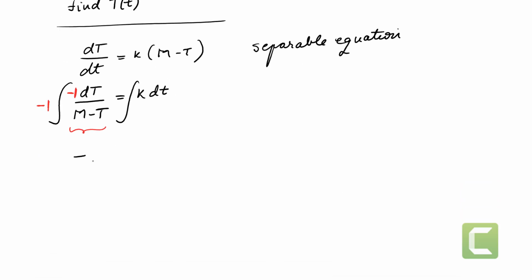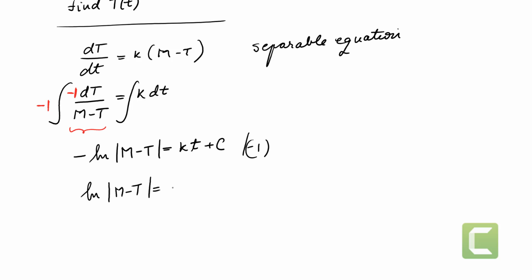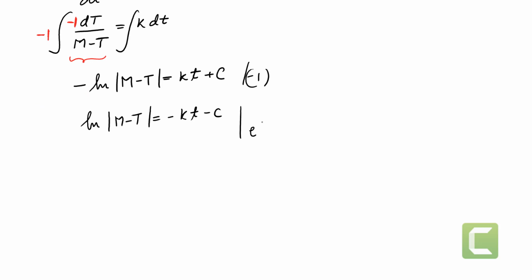So we get negative ln of the absolute value of M minus T equals kt plus some constant. We multiply by -1 and we get ln of the absolute value of M minus T equals negative kt minus C. We raise e to each side, so we get the absolute value of M minus T equals e to the negative kt minus C. I'm going to show all the work this time, how we get all the constants.